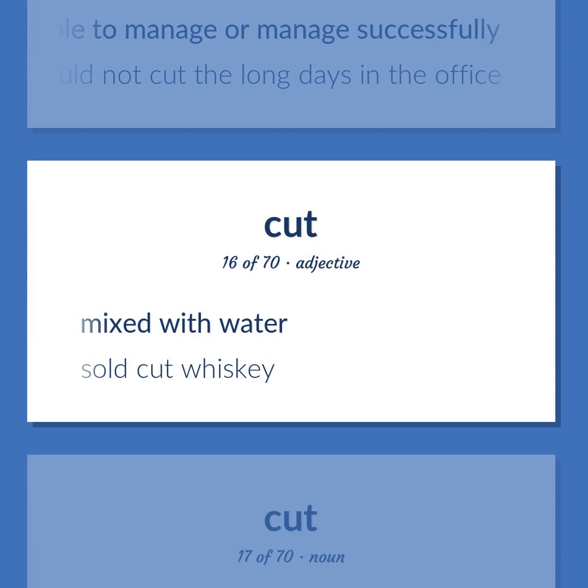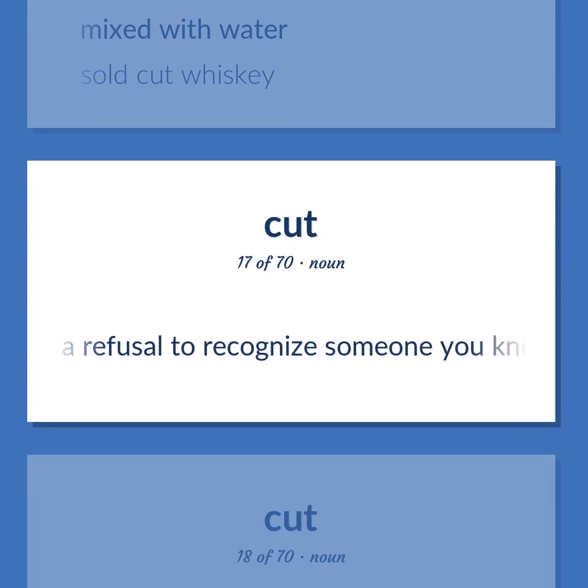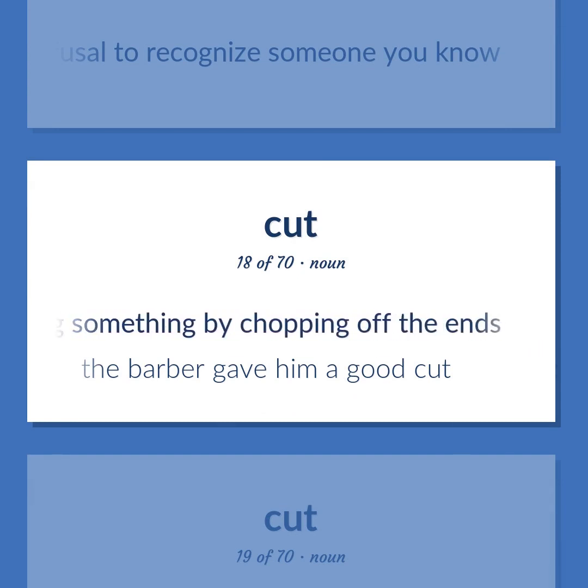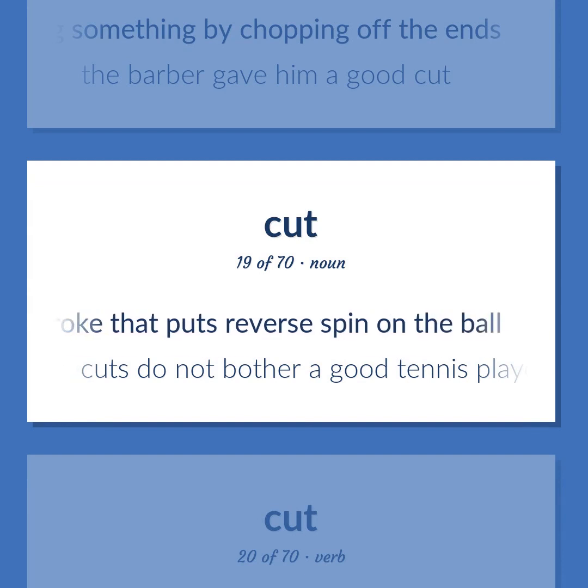Mixed with water. Sold cut whiskey. A refusal to recognize someone you know. The act of shortening something by chopping off the ends. The barber gave him a good cut. Sports. A stroke that puts reverse spin on the ball.